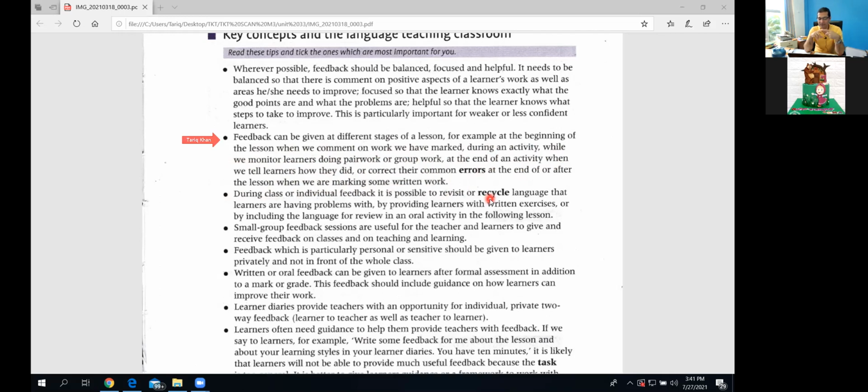One is the beginning of the lesson, when we comment on what type of work they are going to do and how it has to be marked, and make them understand. Then during the activity, when pair work, group work or teamwork is going on, the teacher monitors them, and to each pair or group the teacher tells what is supposed to be done during that time.